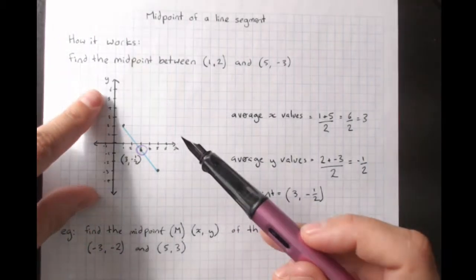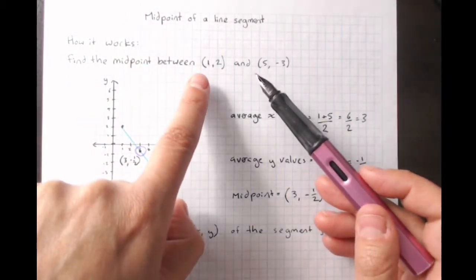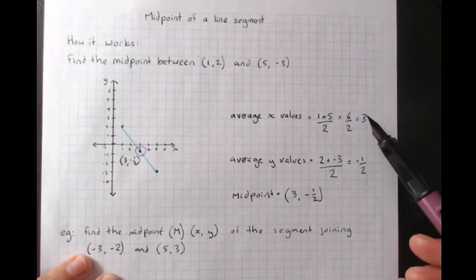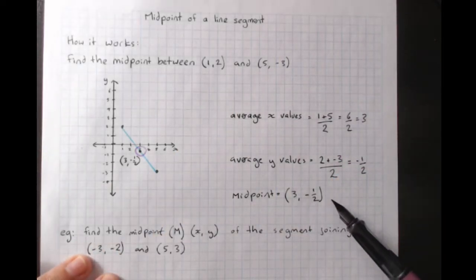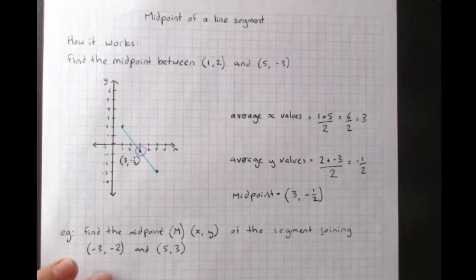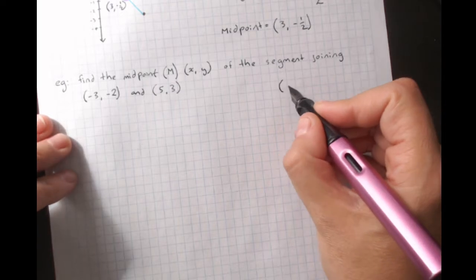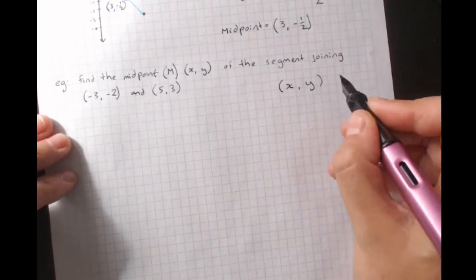But we don't need to have drawn the graph because we average the x values, average the y values, and the answers we get become the midpoint coordinates. So we want an xy coordinate.